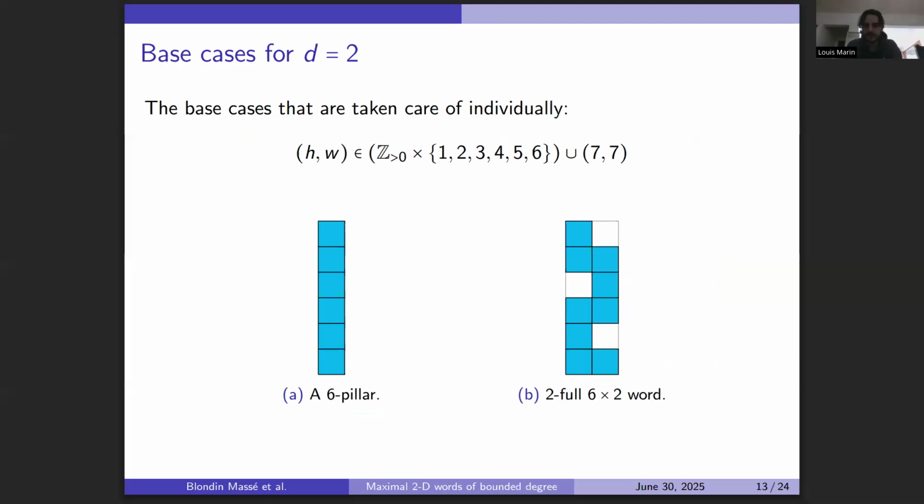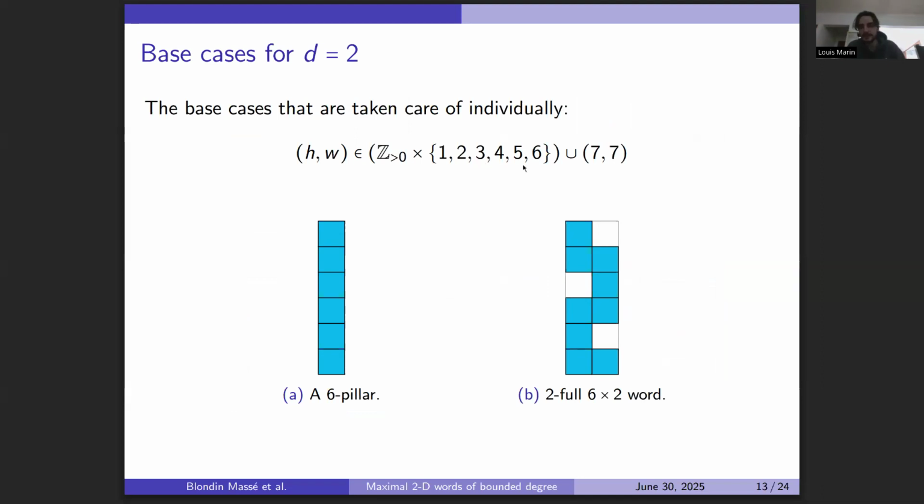All right, so those were the easy cases. Maybe I can sketch a little bit how we can prove the other base cases. I'll do the base case W equals 3.